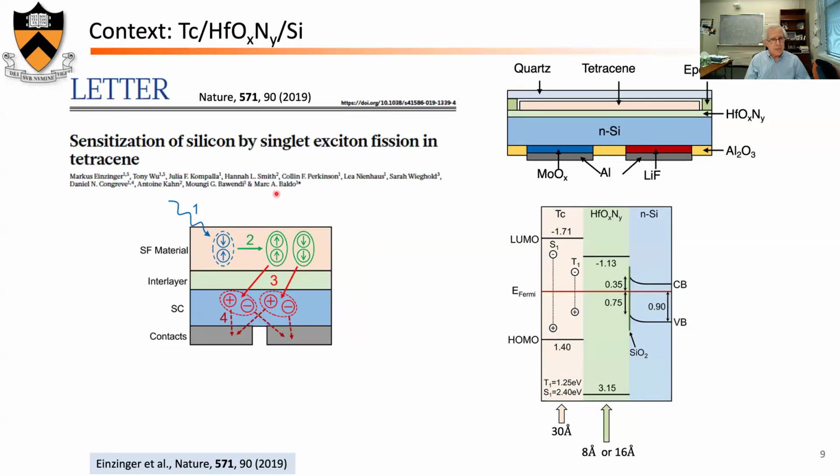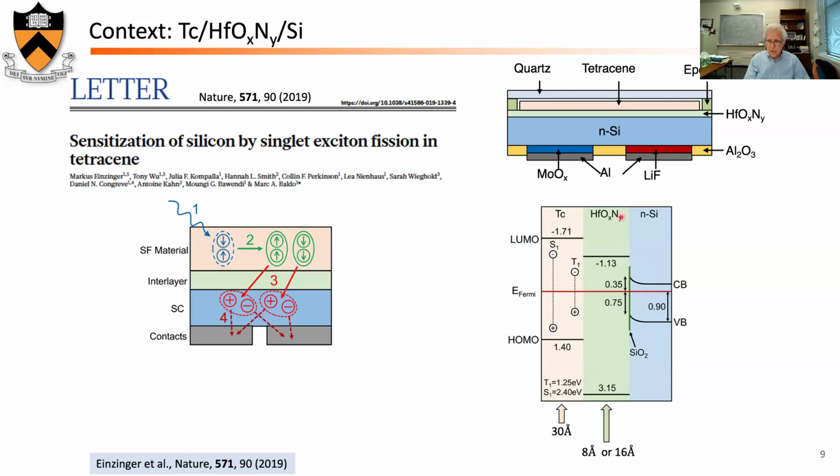Again, this was initiated by Mark Baldo at MIT, where they built a solar cell. And you have the structure right here. It's a silicon solar cell with a tetracene layer. The surface is passivated with a very thin layer of hafnium oxynitride, and then the tetracene layer on top, and that is then protected, encapsulated, and then there is contact at the back for p-type hole collection and electron collection.